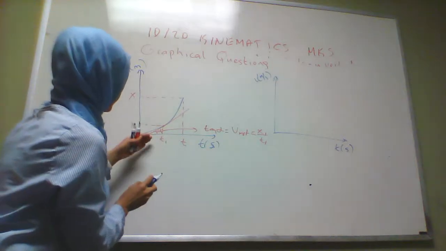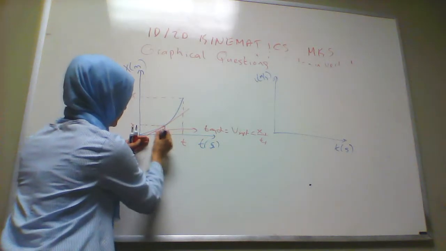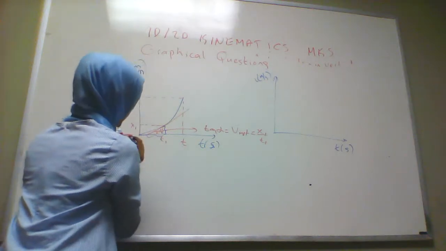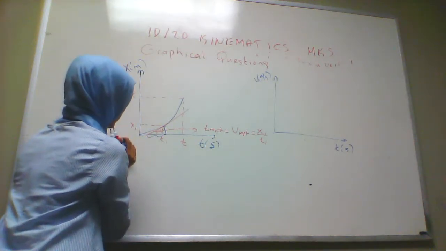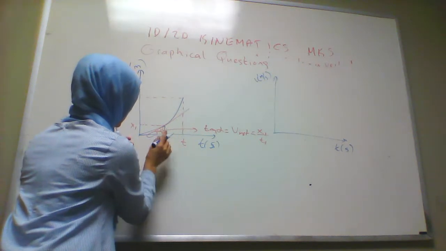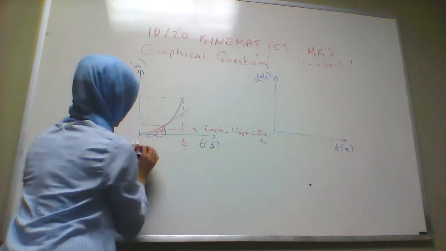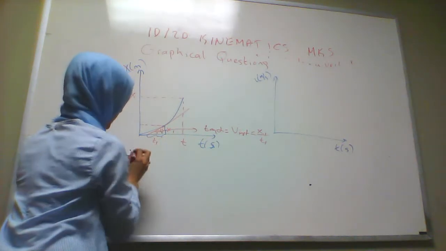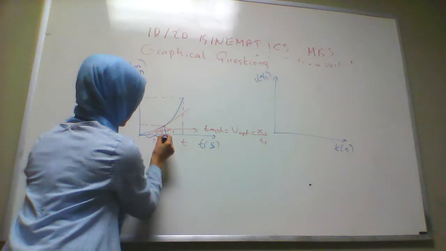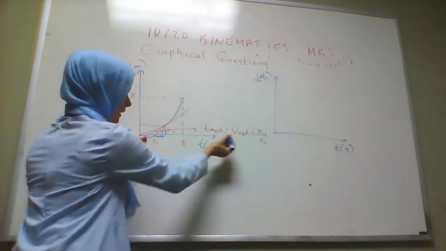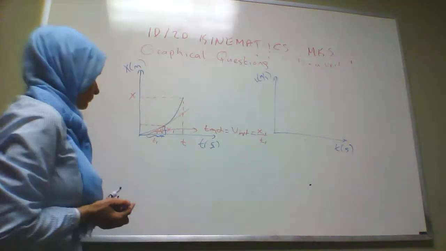If we have a graphical point, we look at this and this value and find instantaneous velocity. To make it more correct, this should be the distance x1 and this should be the distance t1. What you have to find is these distances. So tangent is always opposite over adjacent, so x1 over t1.